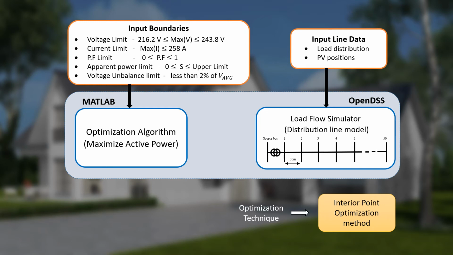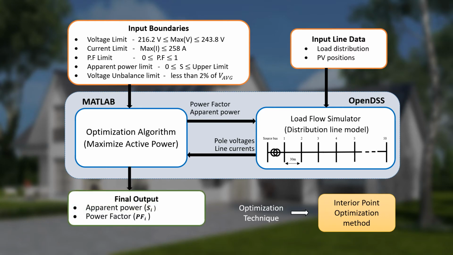As the optimization algorithm continues, apparent power and power factor values are fed from MATLAB to the load flow simulator, and thereby corresponding pole voltages and line currents are fed back to MATLAB. This procedure continues till the active power is maximized within the predefined boundaries and the relevant apparent power and power factor values are given as outputs.